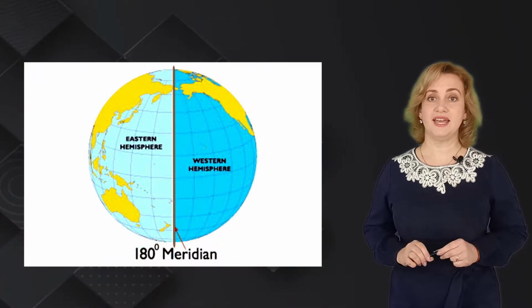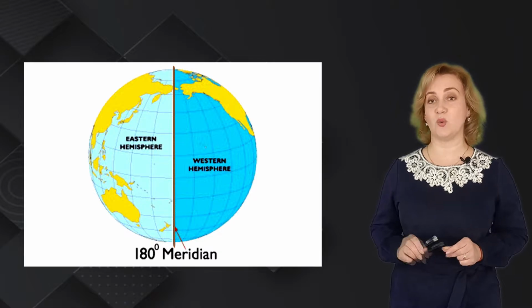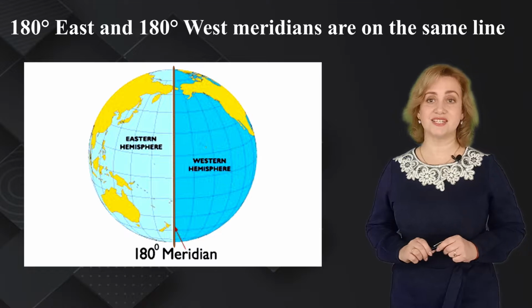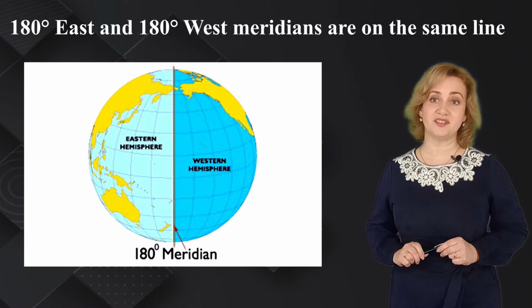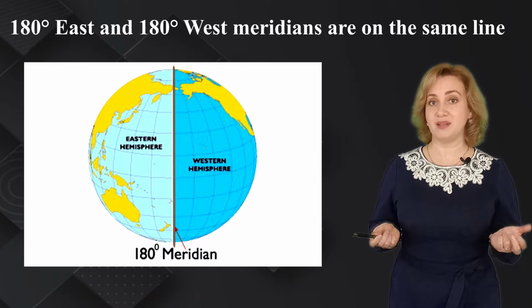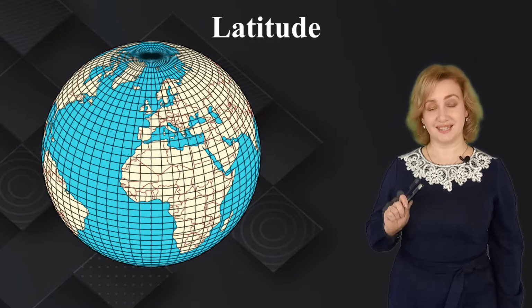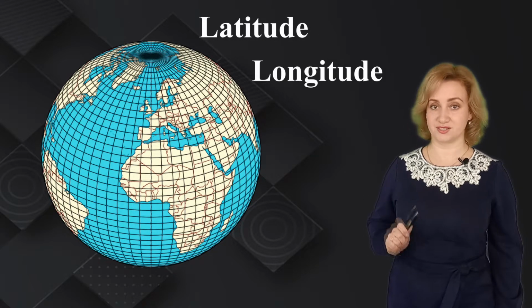It is, however, interesting to note that 180 degrees east and 180 degrees west meridians are on the same line. Now, look at the grid of the parallels of latitude and meridians of longitude on the globe. You can locate any point on the globe very easily if you know its latitude and longitude.